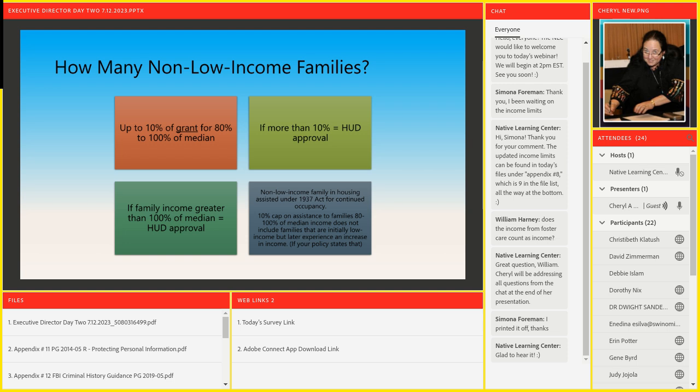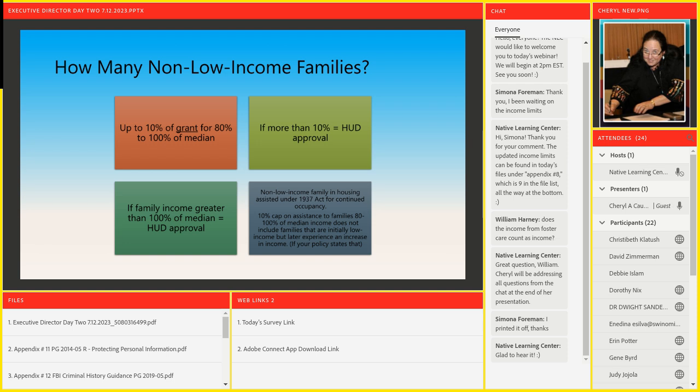If the family that you want to help is over 100% of median income, you need HUD's approval before you assist them. So those of you who have 1937 Housing Act housing, a non-low-income family in housing assisted under the 1937 Act for continued occupancy.